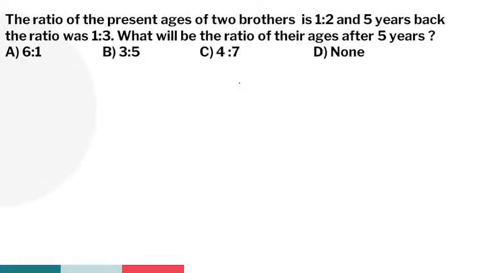The ratio of the present ages of two brothers is 1 is to 2. And 5 years back, the ratio was 1 is to 3. What will be the ratio of their ages after 5 years? Very good question, guys. What is the answer? Which option is the right answer? All of you, please respond in chat box.